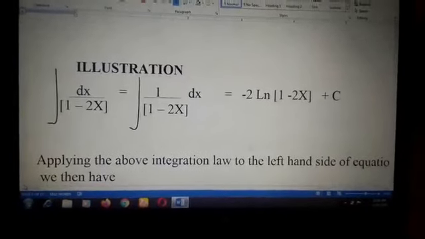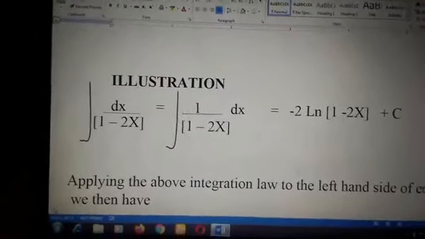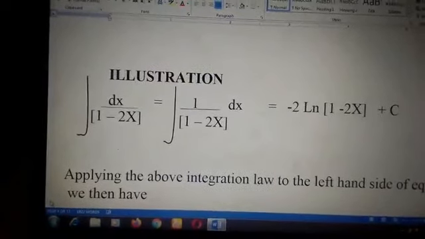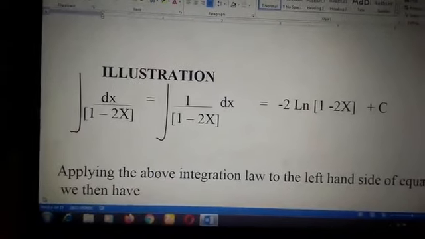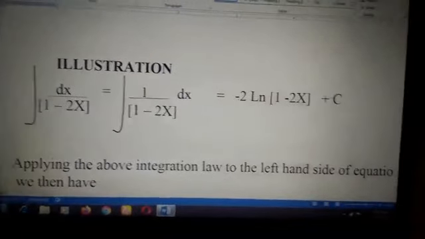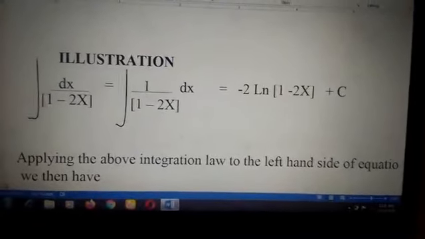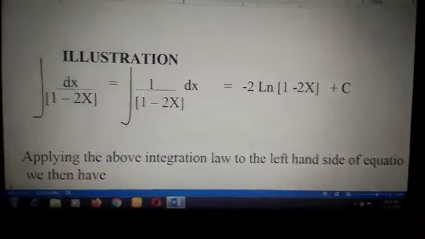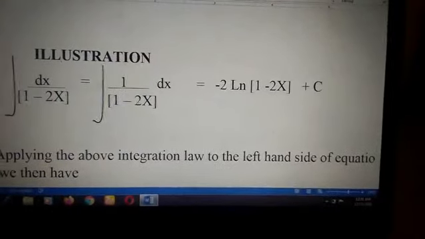So let's look at this illustration, an example. We have to integrate ds all over 1 minus 2s, integrate ds with respect to s. We separate, put the ds aside, and then the coefficient of s is 1. The 1 will now be on top as the numerator.